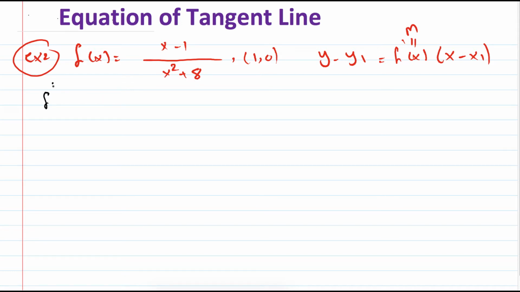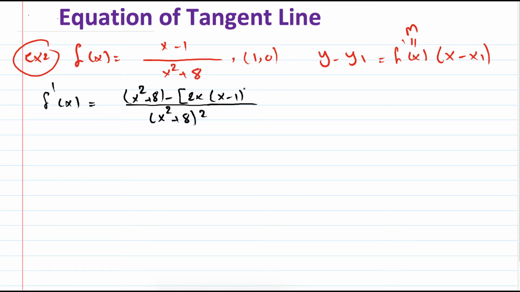So f prime of x actually equals, so this is a rational function. It is the denominator squared, so x to the 2 plus 8 to the 2, and then the derivative of the top, which is just 1, multiplied by the bottom. It is x to the 2 plus 8 minus the derivative of the bottom, which is 2x, multiplied by x minus 1.